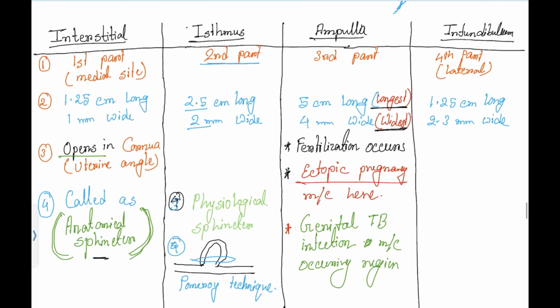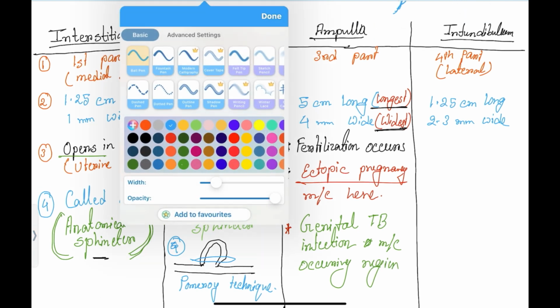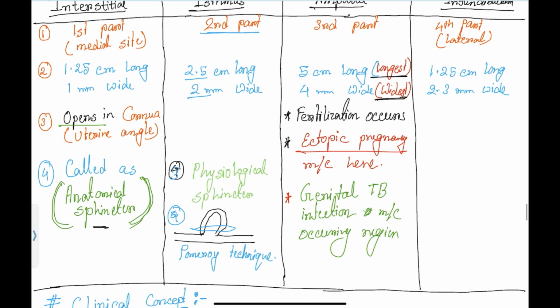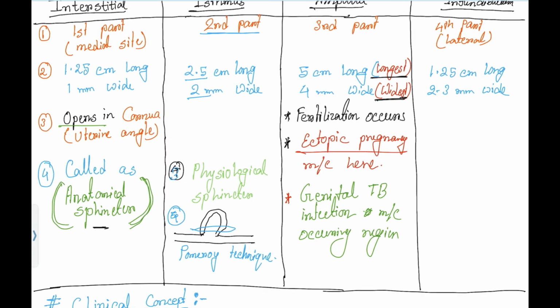Now coming to your infundibulum. Infundibulum is the last part, the most lateral side, and from here the small finger-like projections, the fimbriae, are present.